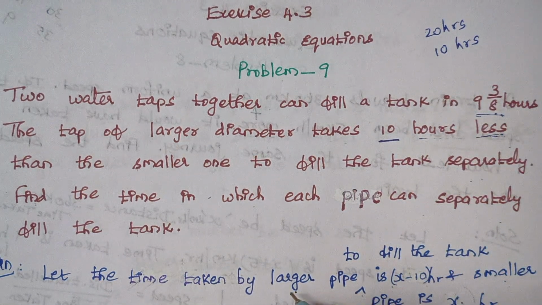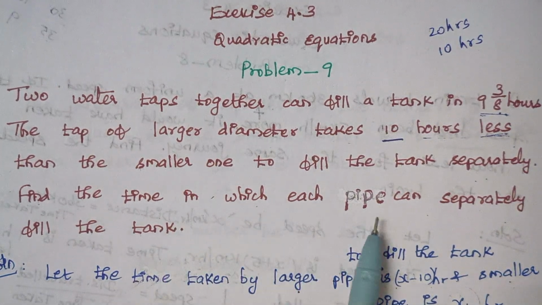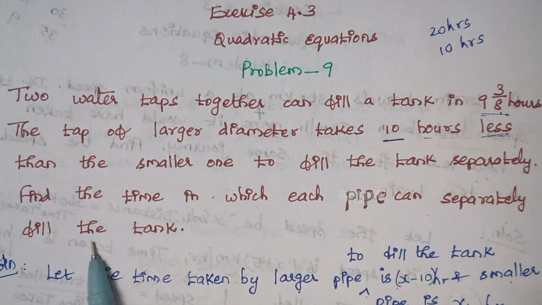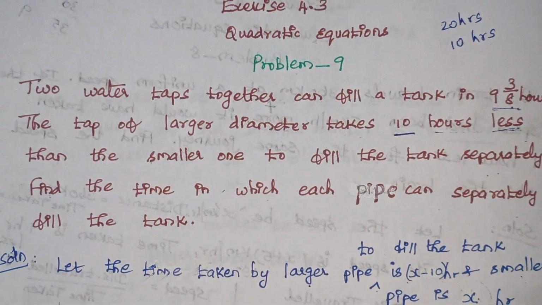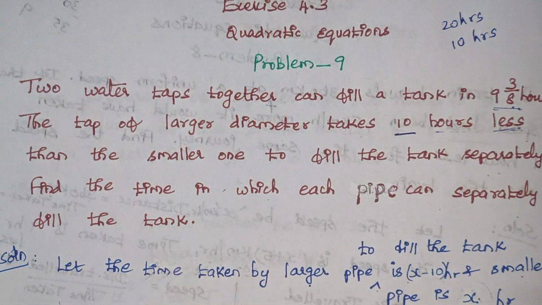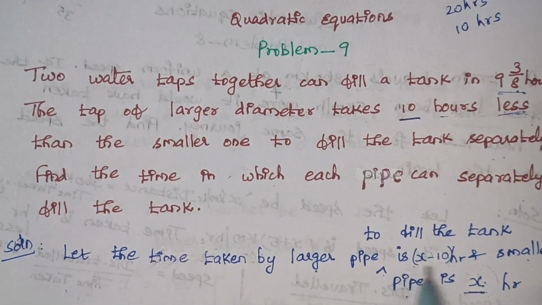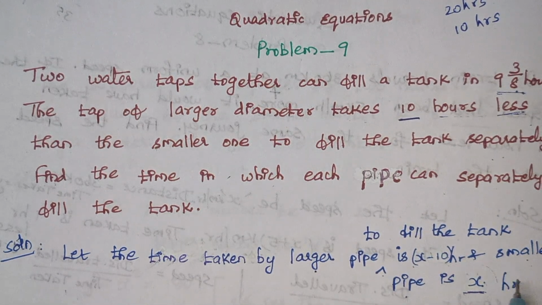Am I making it clear? Now we have to find the time in which each pipe can separately fill the tank. Now we have to calculate the time. First we will start with the smaller one.